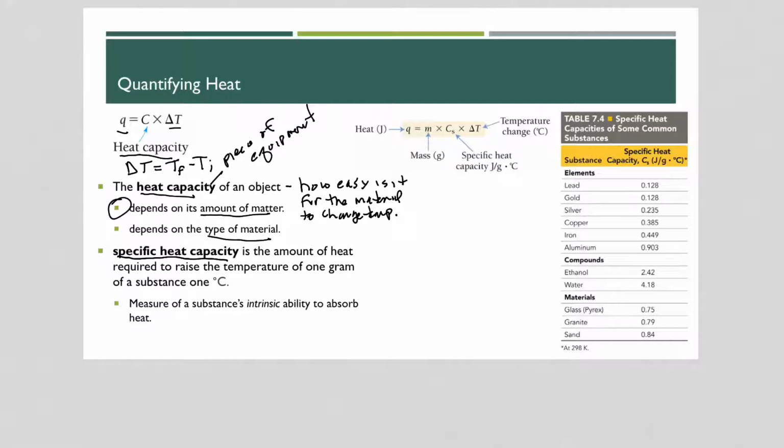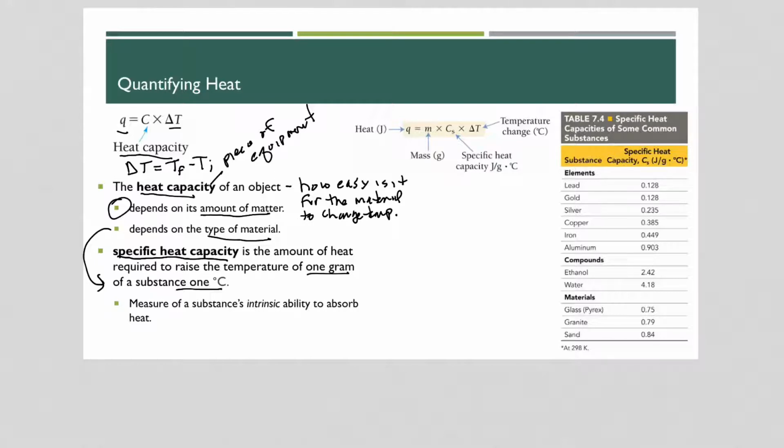And so the specific heat capacity is just related to the type of matter. And it's defined as the amount of heat required to raise the temperature of 1 gram by 1 degree Celsius. So the amount of heat that has to either flow in or out of the material to change its temperature by 1 gram by 1 degree Celsius.